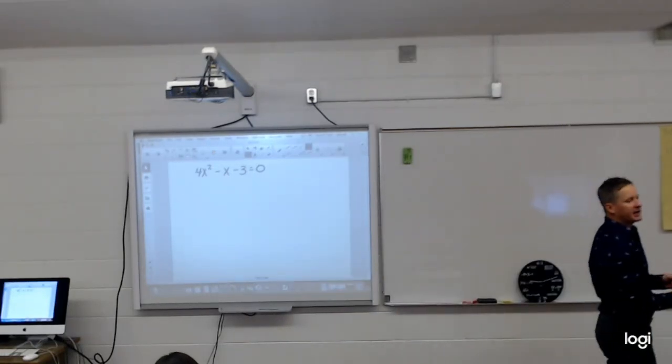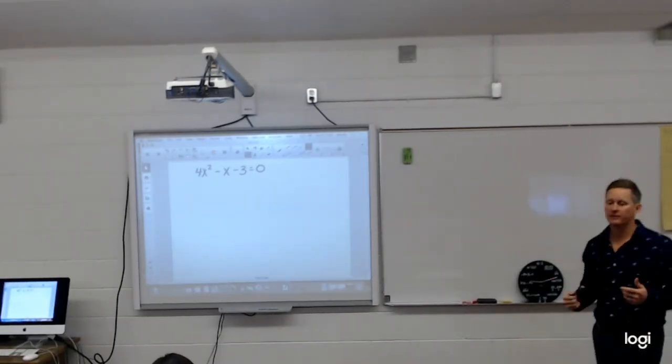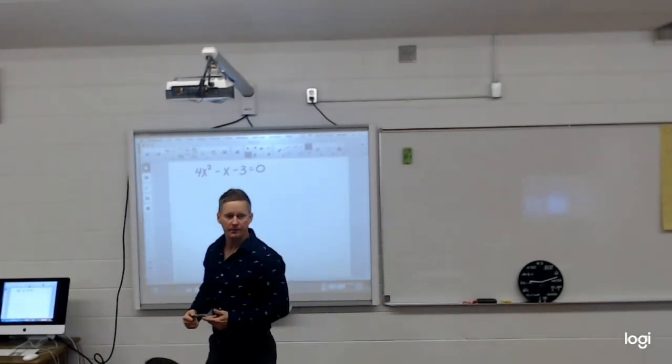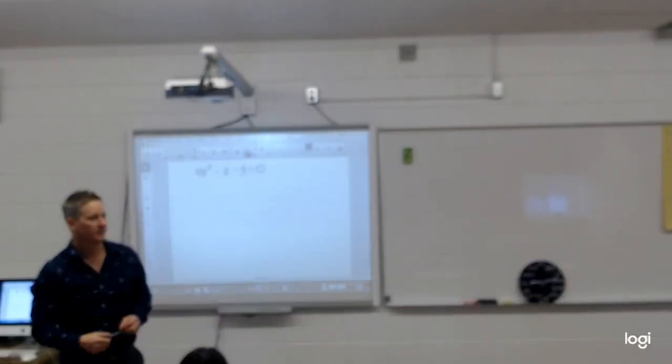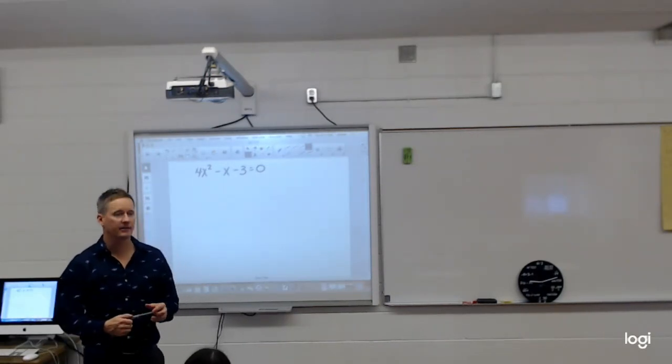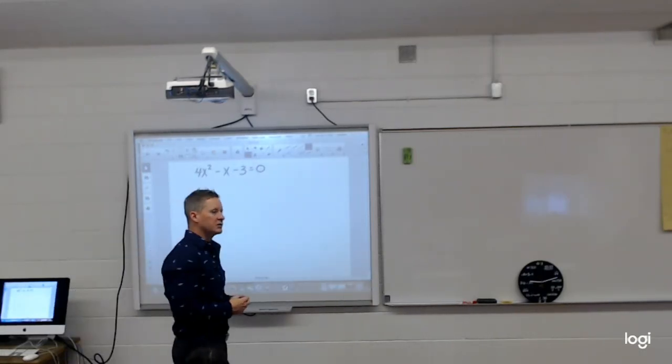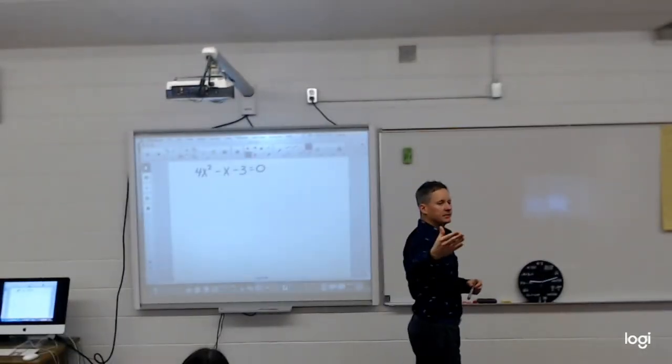The first thing I do, we talked about this last year. When it comes to factoring, what's the first thing that I look for? Greatest common factor. Very good. Is there a greatest common factor here? No. So I cannot factor the a out.